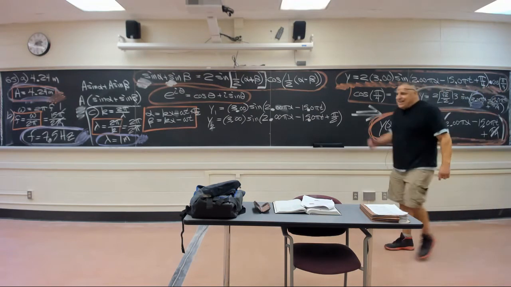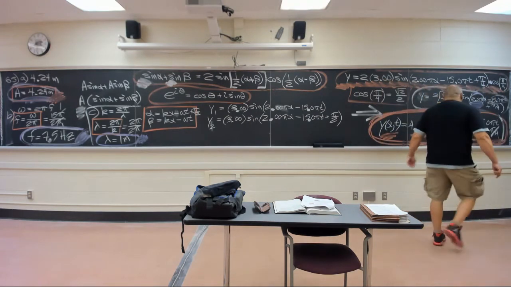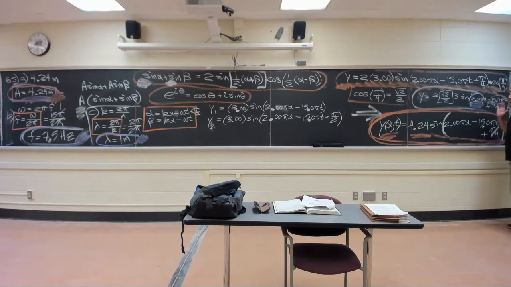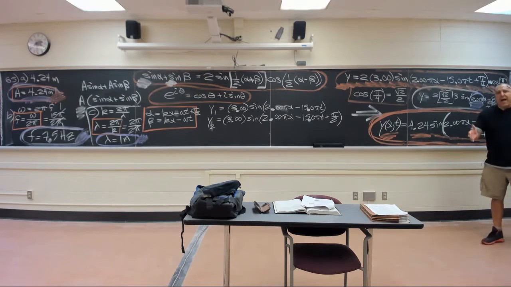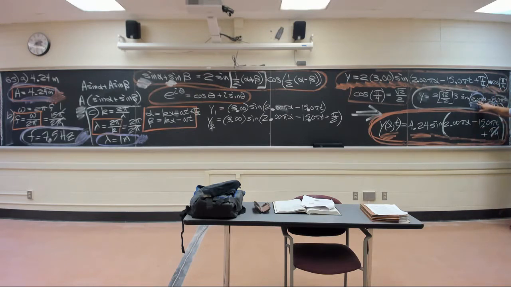So this thing will cycle rapidly, if you allow me to say that. I'm not entirely comfortable saying it that way, but for our language, this thing will cycle quite a bit. We'll do a full cycle in a short amount of x if this k right here is a big number.